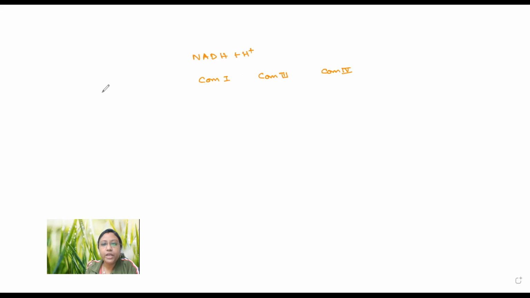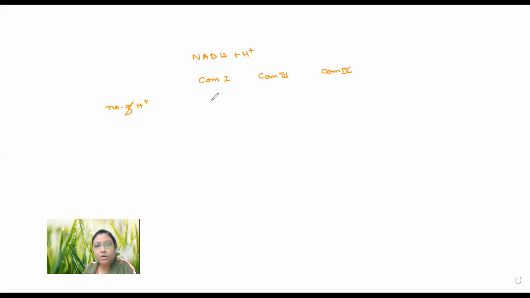So during movement, 4 protons are passed through complex 1, 4 protons are passed through complex 3, and 2 protons are passed through complex 4. This is the number of proton at a time it can pass.